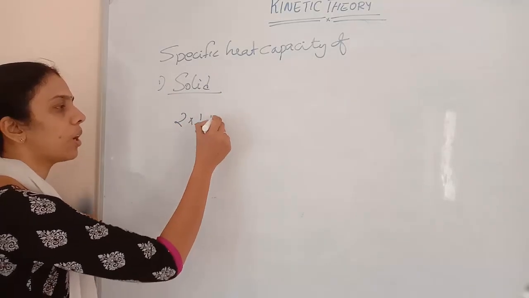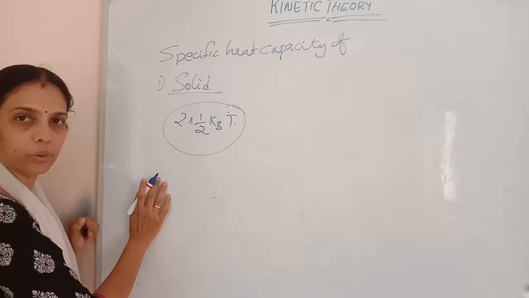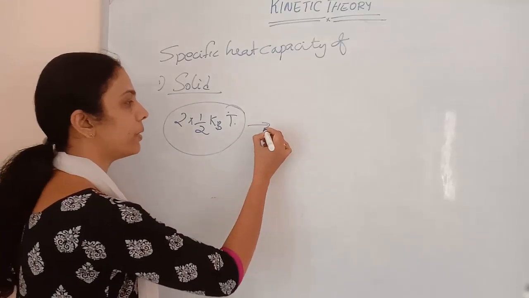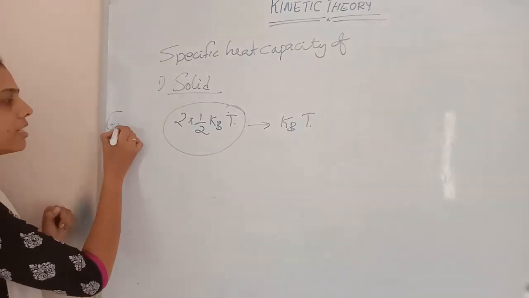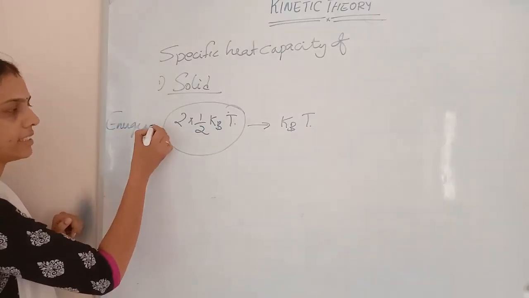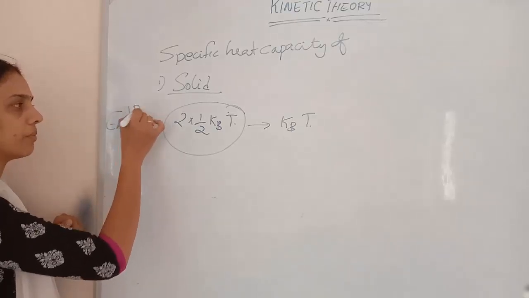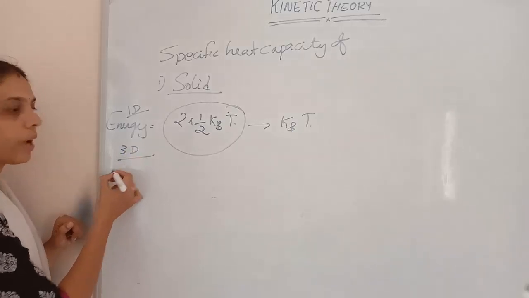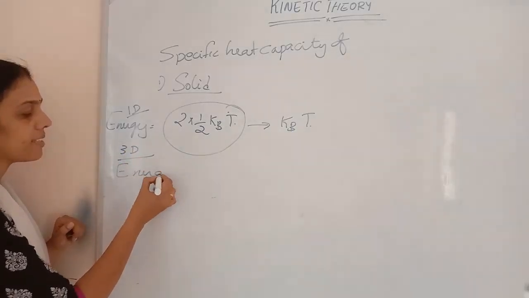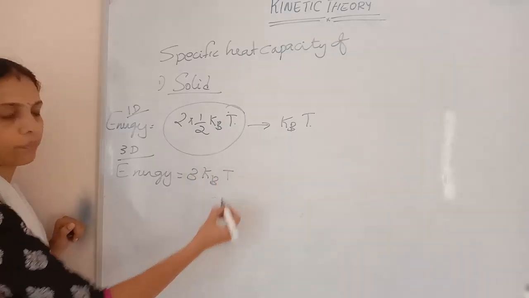So 2 into half kBT will be the energy of one atom, so it will be kBT. This is for one-dimensional way. If it is moving 3-dimensionally, energy will be considered as 3 kBT.